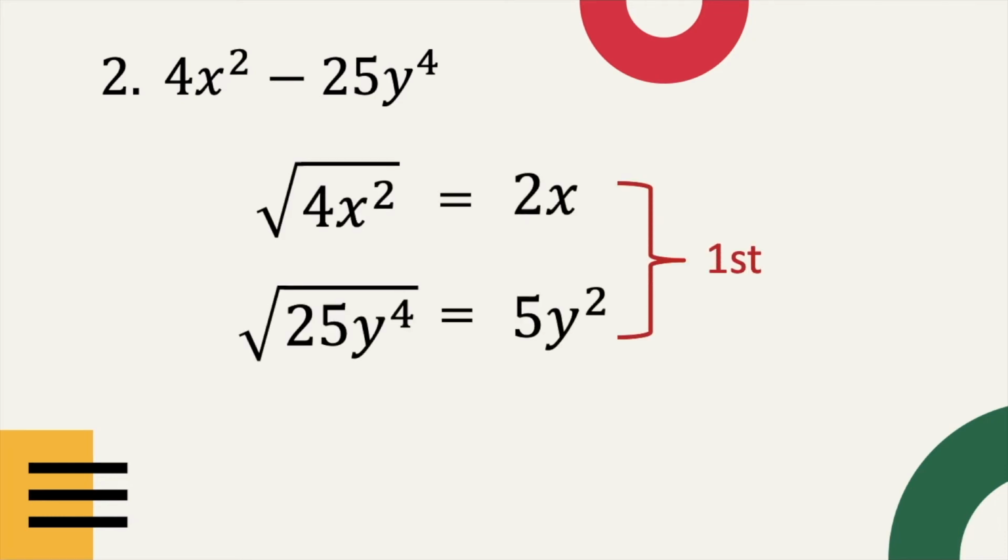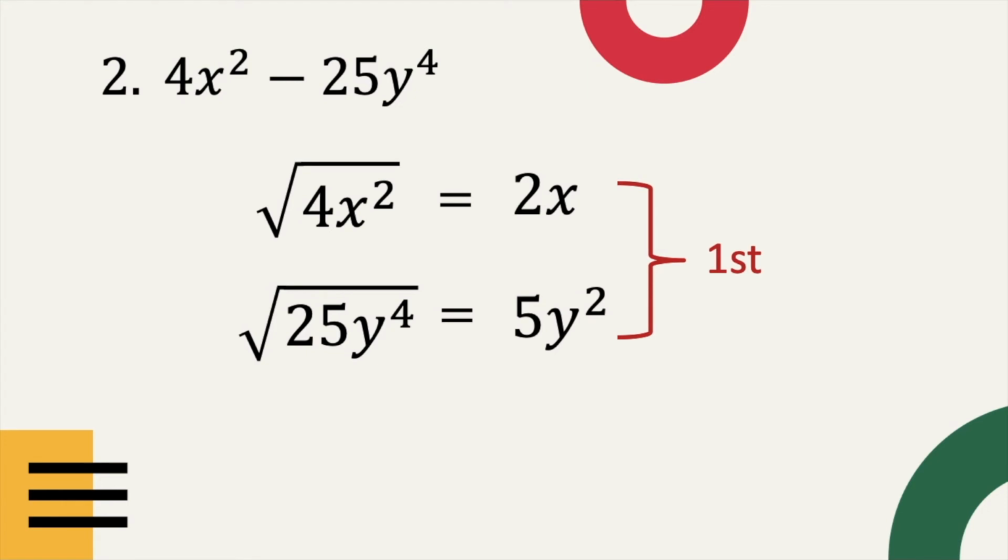How about the second example? 4x squared minus 25y raised to 4. What do you think is the principal square root of 4x squared? How about the principal square root of 25y raised to 4? Correct. The principal square roots are 2x and 5y squared.